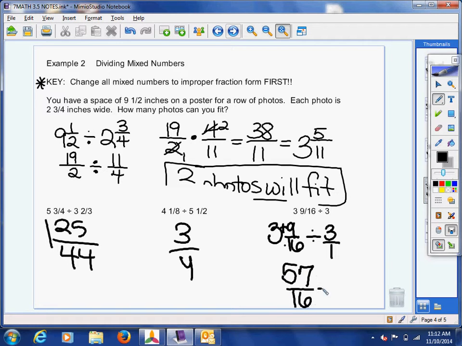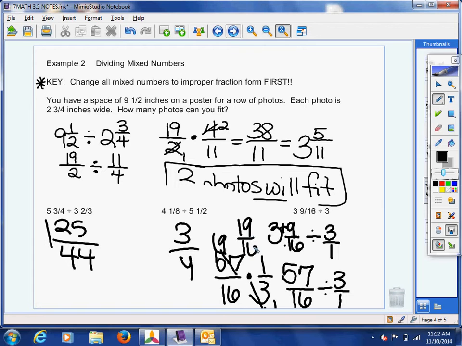Good. Great. Looks great. There you go. Love it. Looks great. 19/16. Okay. Yep. And then your mixed number. There you go. Great. No problem.